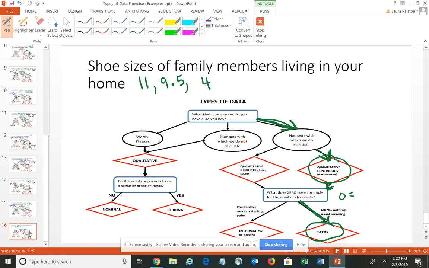Okay, but that doesn't occur terribly, terribly often. So shoe sizes, I'm saying, is quantitative, continuous, and it gets to the ratio level. But somebody else could argue that it's actually qualitative and ordinal.